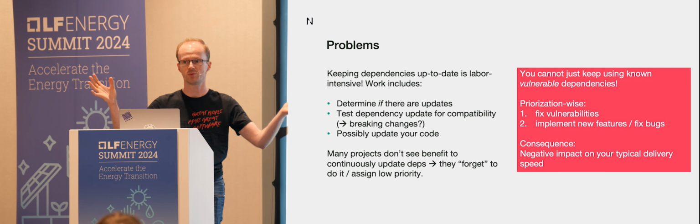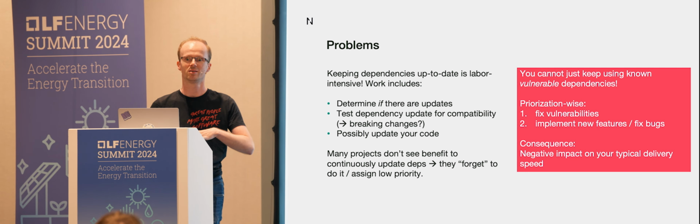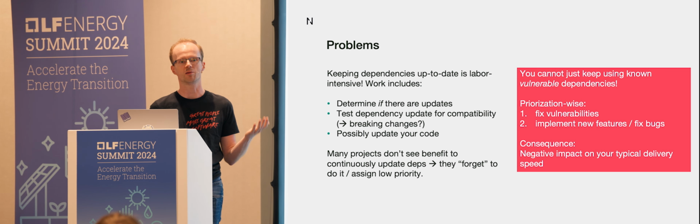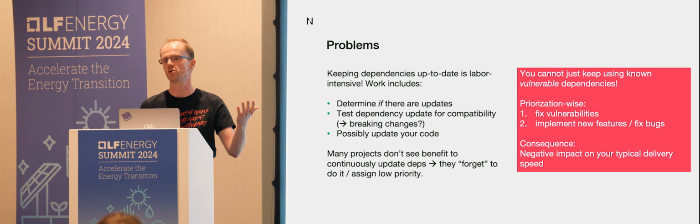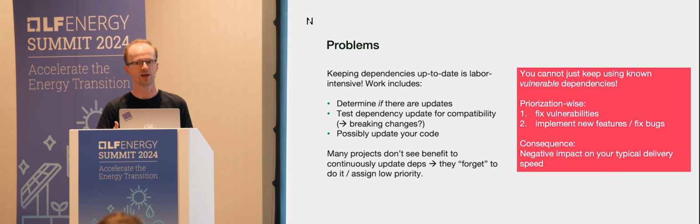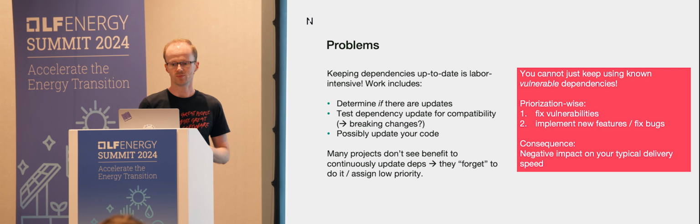Because now you have to drop everything, fix that vulnerable dependency, and then once you have fixed it, you can go back to business as usual, meaning that your typical velocity, your delivery speed of 3 features per week, or whatever you have, gets a dip, right? You get negatively affected, your team is rattled. That's something you might not want.